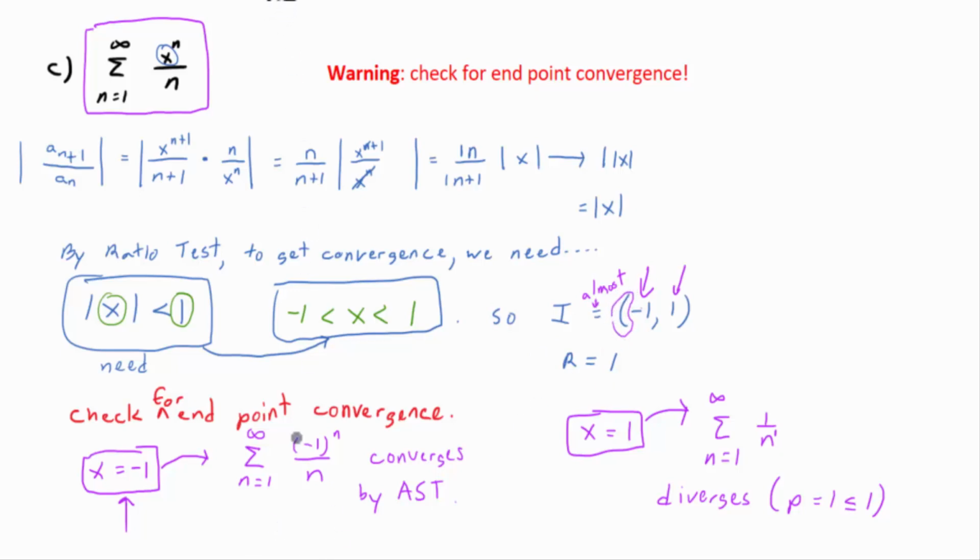Good. So we're going to say I is equal to -1 included to +1 not included. And then R doesn't change. One point doesn't change the length of an interval, that is, if it's at the endpoint. So R is still equal to 1. So this is what we were after.